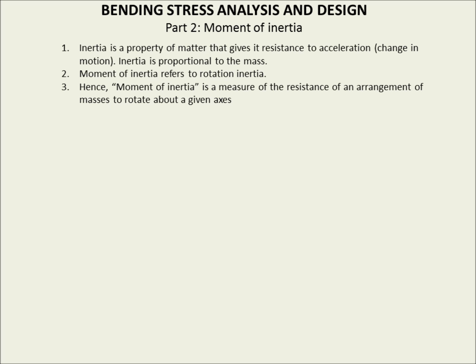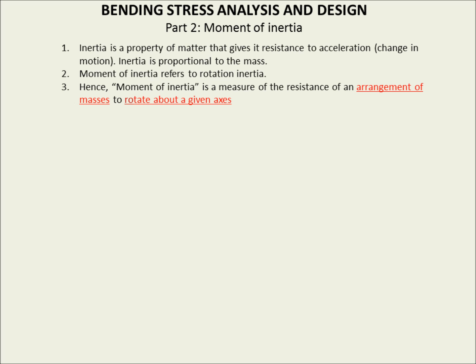Now, let's develop and investigate this idea further about an arrangement of masses rotating about a given axis and the kind of resistance that the arrangement of masses offers to that rotation. Now, we can do this by running a couple of thought experiments.